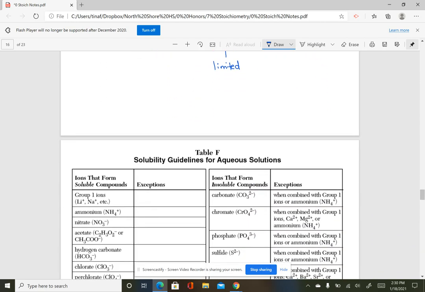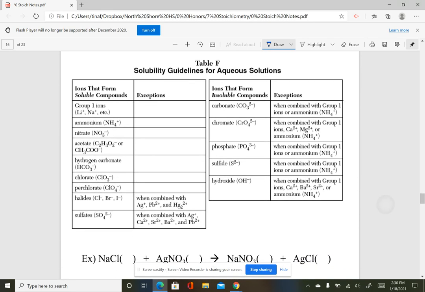So this was kind of what I was mentioning earlier too, guys, as far as labeling phases in a chemical reaction. When you have an ionic compound, we learned about the properties of ionic compounds back in the bonding unit, and for the most part, ionic compounds are soluble in water, but we always want to check reference table F to make sure our ionic compounds are soluble, because if they don't dissolve in water, then they're going to stay solid, and we'd want to show that when we're labeling our phases.